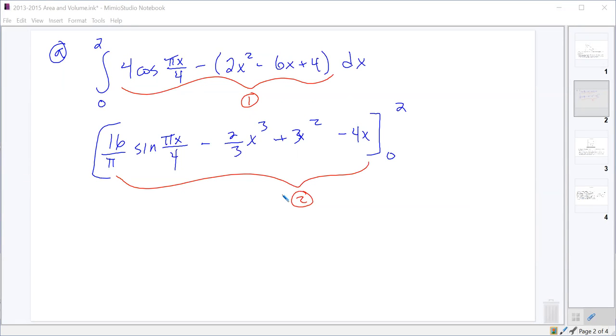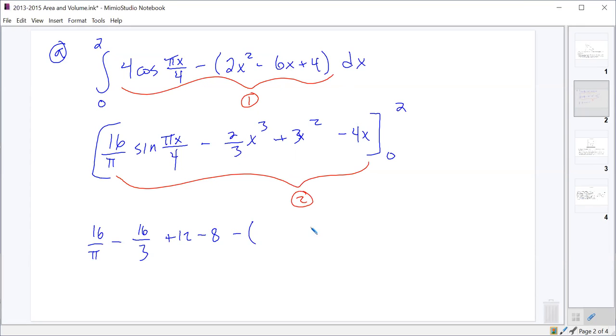And then you just evaluate. We got 16 over pi, since this becomes the sine of pi over 2, which is just 1. Then minus 16/3, plus 12, minus 8.